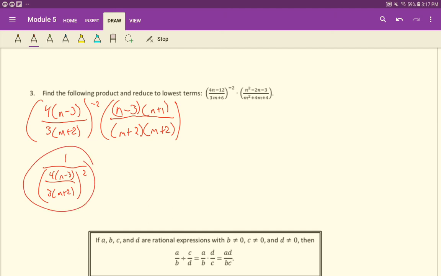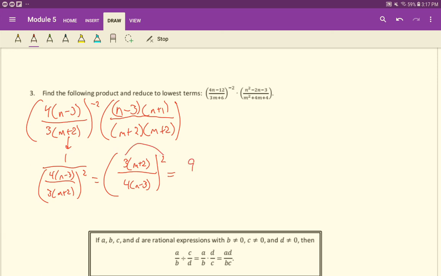So really, what does this become? This really becomes 3 times m plus 2 over 4 times n minus 3, quantity squared. Okay, and let's go ahead and square it too. So we would get 9, because the square would distribute to the 3 and to the m plus 2.